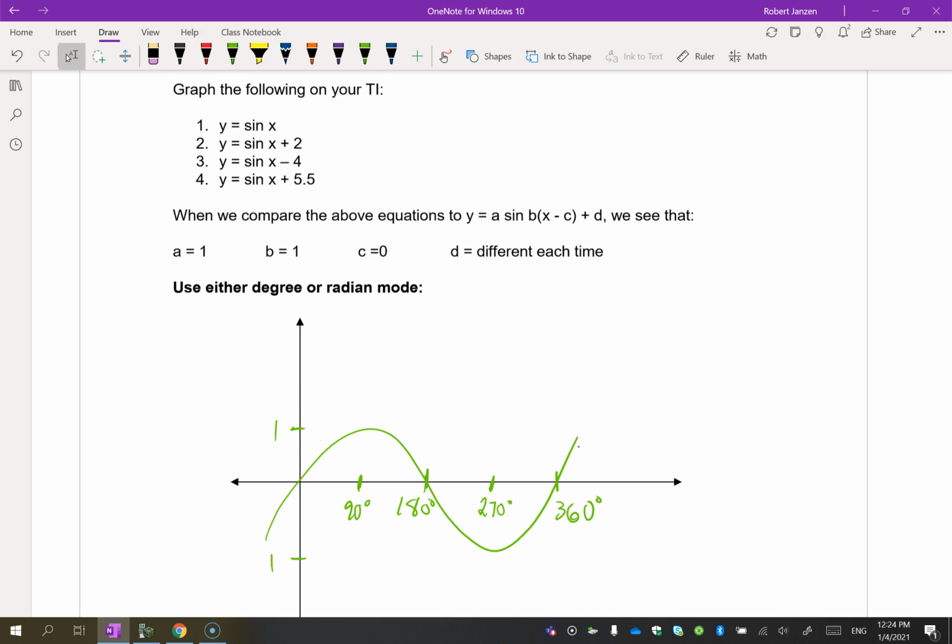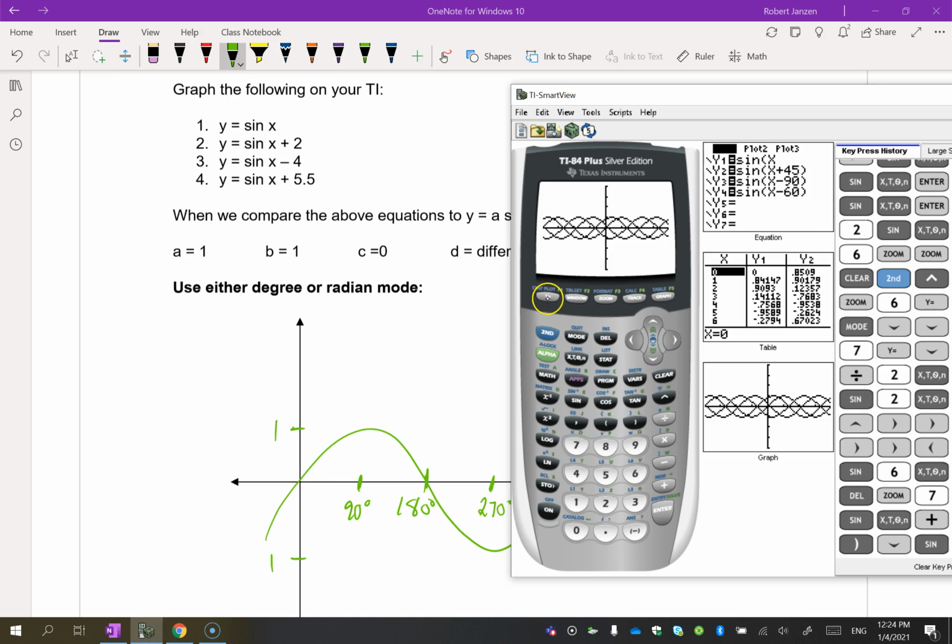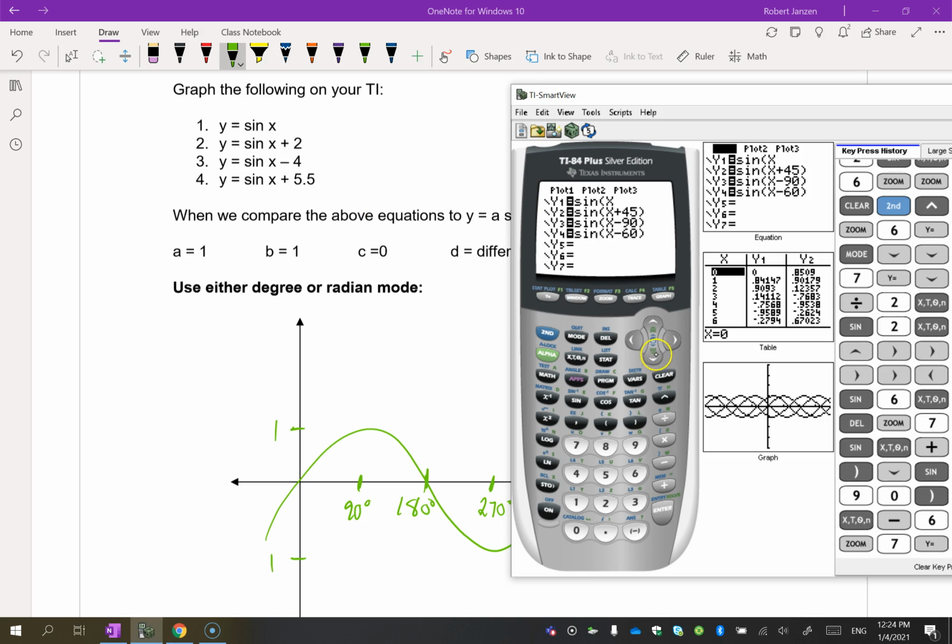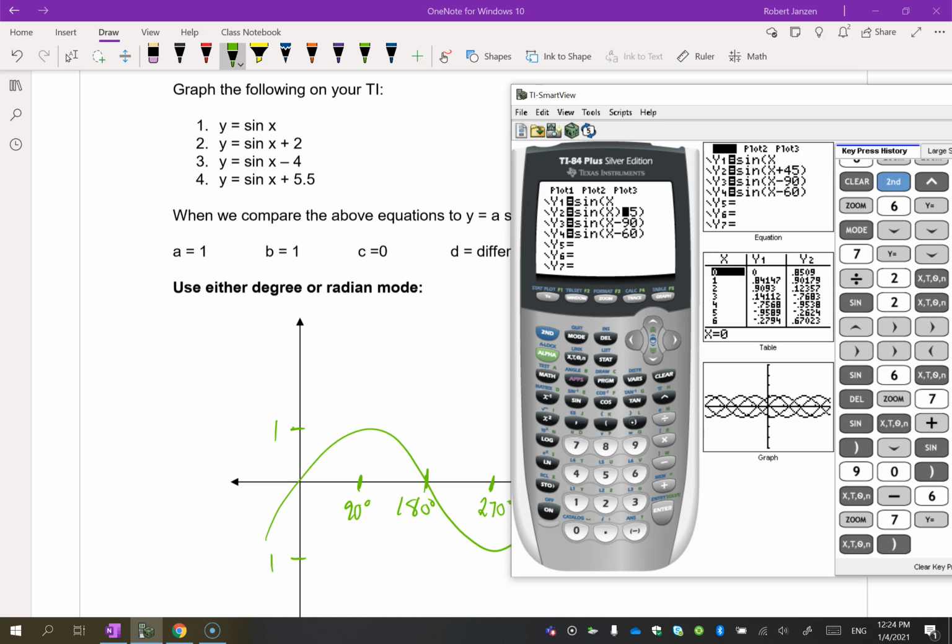So we're supposed to look at what happens in each of these cases. So let's go back to y equals. Again, we'll leave the first one. The second one, we're going to go sine. Now, you got to be careful here. Sine x, close the brackets, plus 2, because we want this to be outside the bracket, not inside.